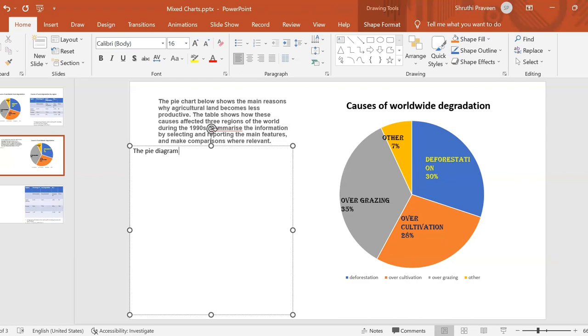The pie diagram depicts, as always, the reasons for why agricultural land became less productive. And here it's written worldwide degradation. So for worldwide degradation, I'm going to write maybe universal depletion.